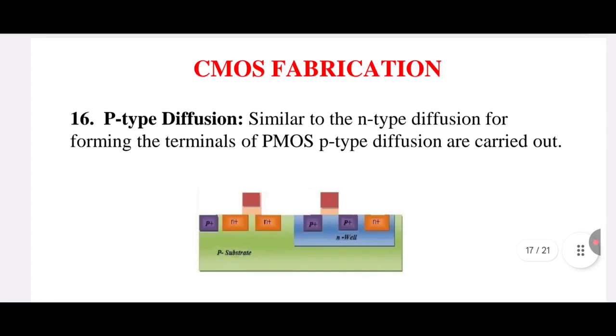Now we are going to heat the substrate once more at higher temperatures, and then we will introduce P-type impurities through the substrate. Here our focus lies in the N-well. Why? Because we need to form a P-type device inside the N-well.